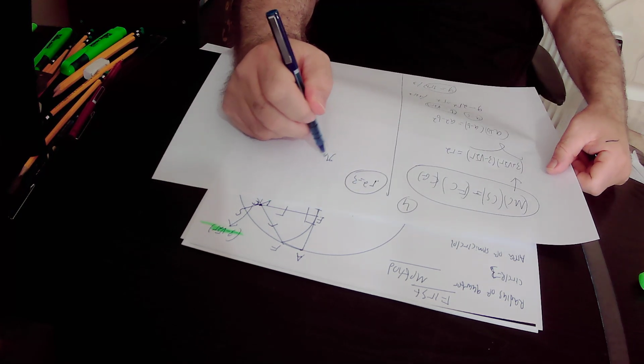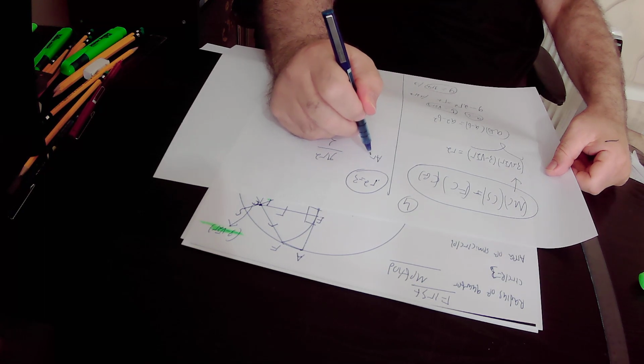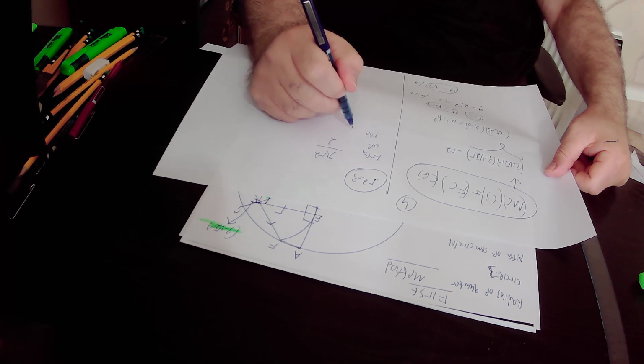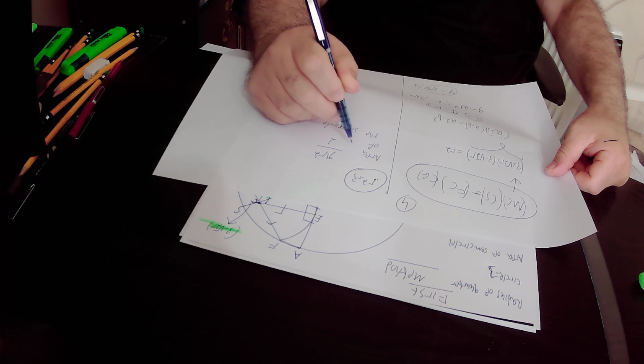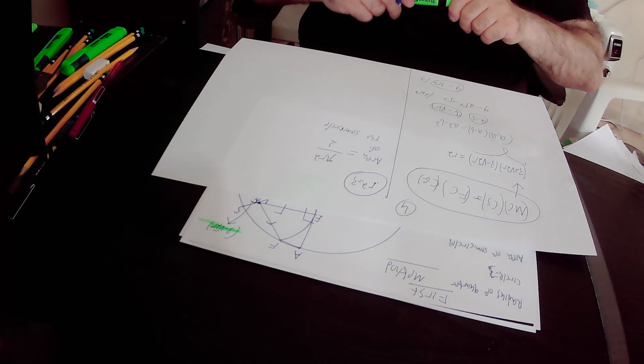Okay, pi R squared over 2. That is the area of the semicircle.